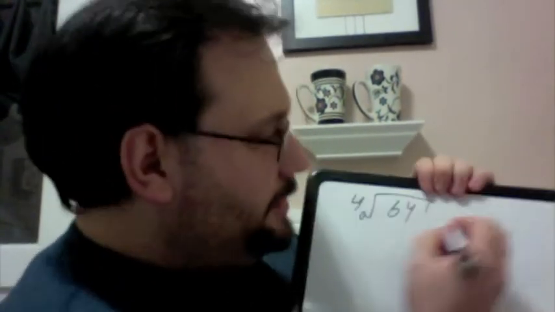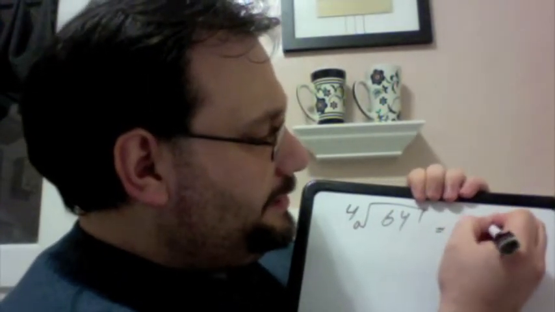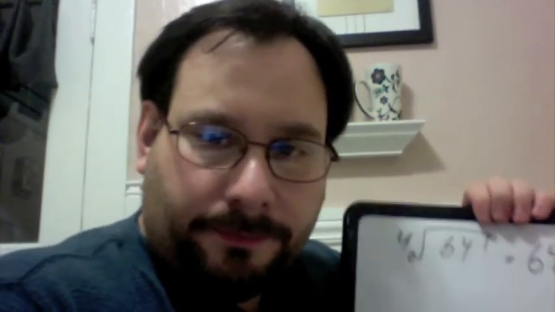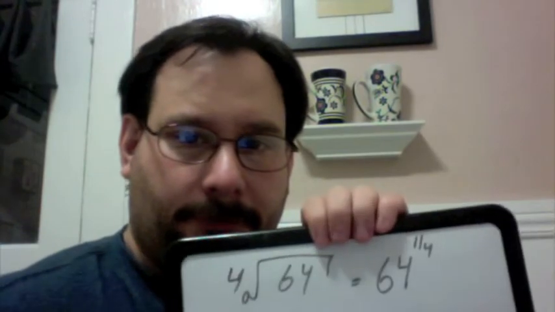Now, this is good for, let's say you have very simple. Again, if you see the 4th root of 64, well, you can usually rewrite that as 64 to the 1/4 power. Going that way.